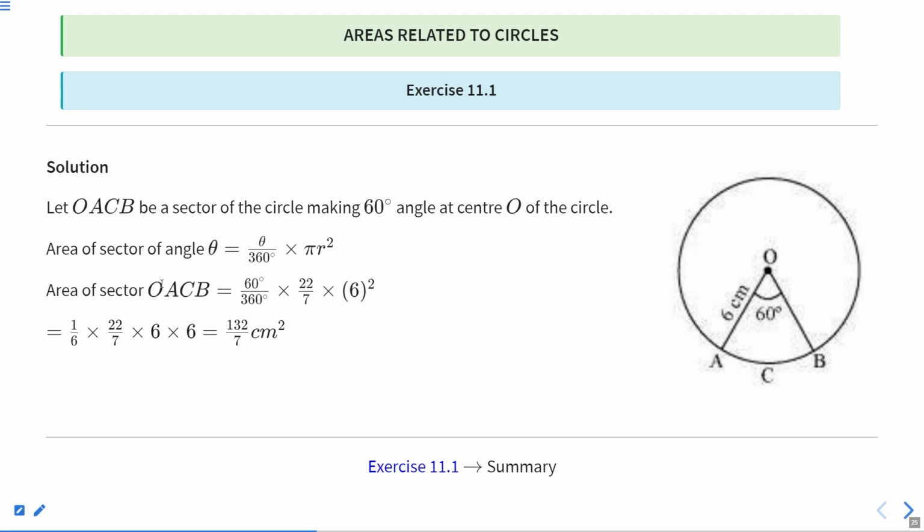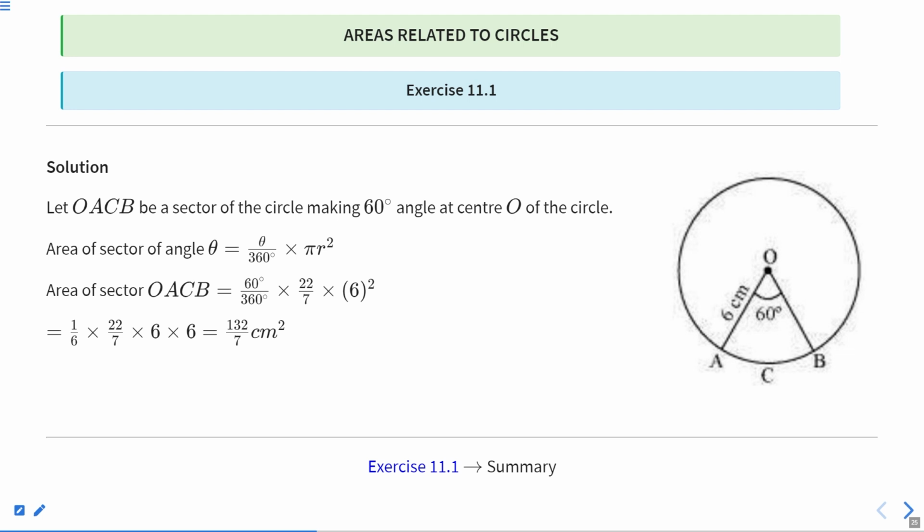So the area of sector OACB is equal to 60 degree divided by 360 degree into 22 by 7 into 6 square. That is 1 by 6 into 22 by 7 into 6 into 6, which is equal to 132 by 7 centimeter square. So the area of the sector OACB is 132 by 7 centimeter square.